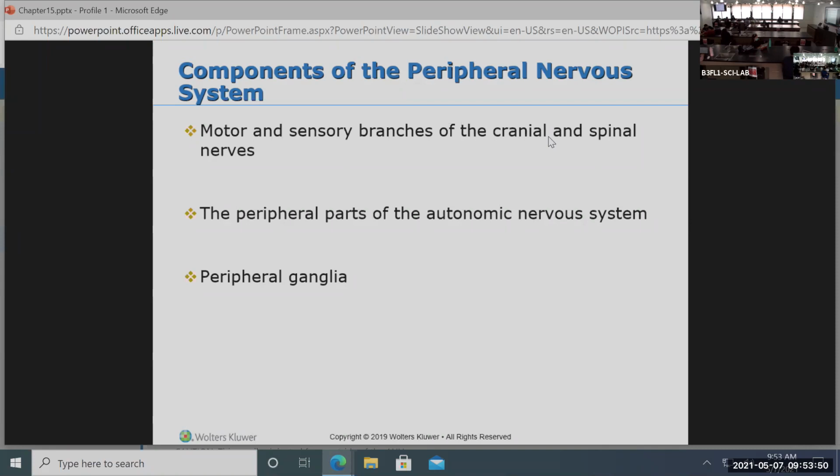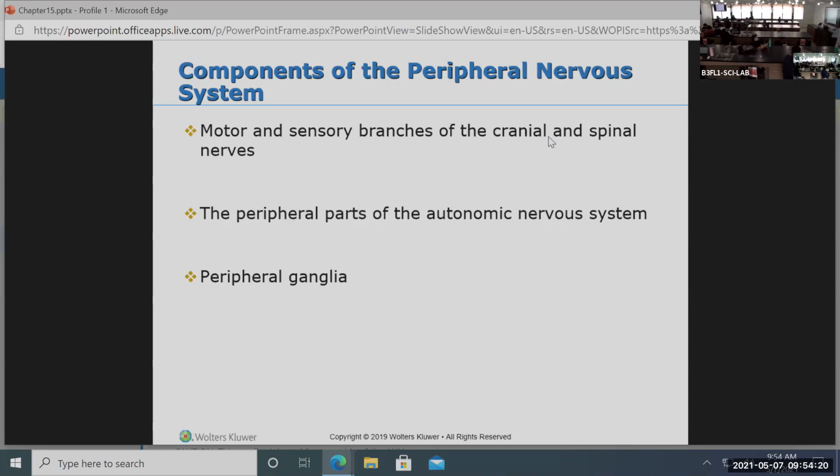Number 2 is the peripheral part of my autonomic nervous system. That means they are talking about sympathetic and parasympathetic. Number 3 is peripheral ganglia. That means the sympathetic chain ganglia for the sympathetic, and for the parasympathetic we have ganglia either on the organ or close to the organ, on the wall of the organ.